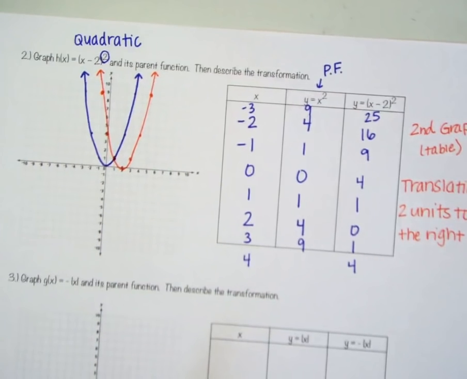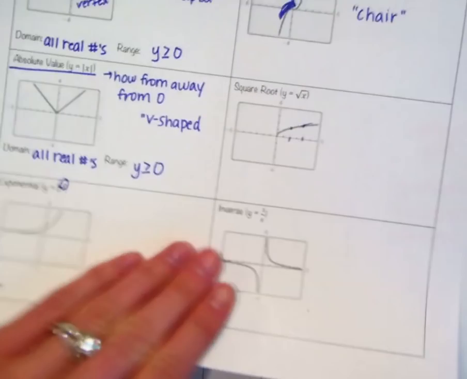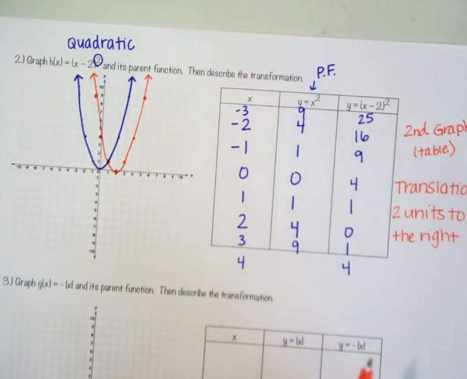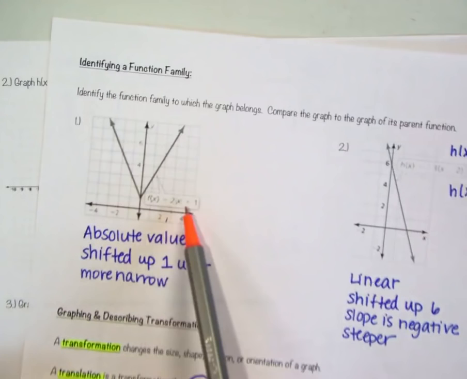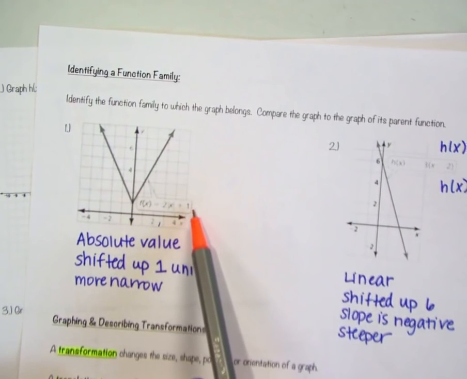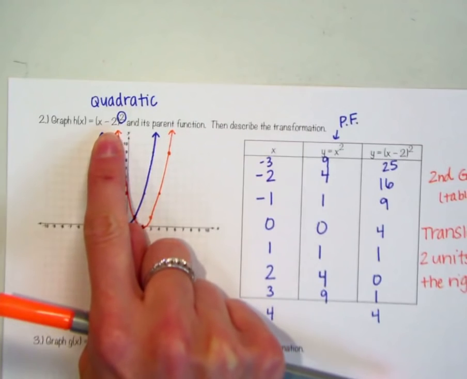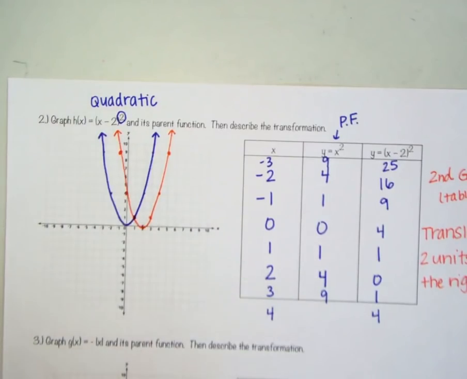So if we think about the difference between that one and the linear one, or even this one up here, I was adding 1 and it was on the outside. It was outside of that absolute value. Here, I'm subtracting 2 on the inside of that function. So I didn't move up and down. This time I moved left and right.